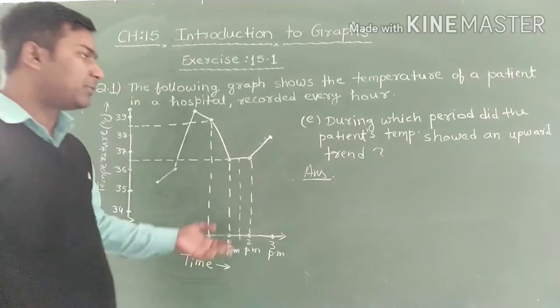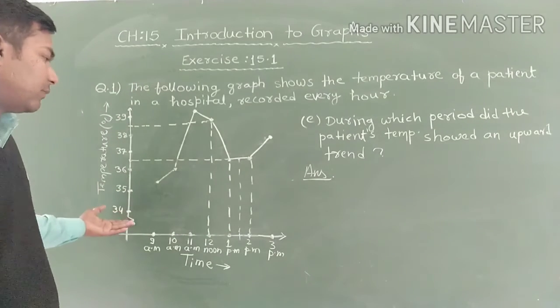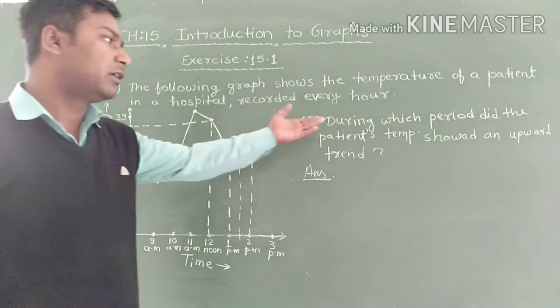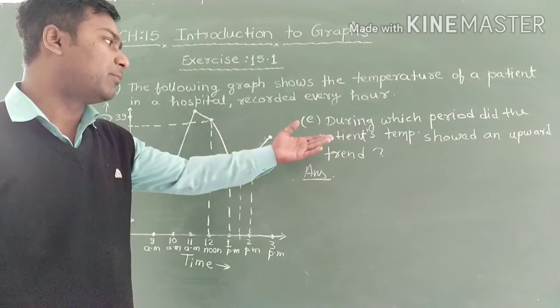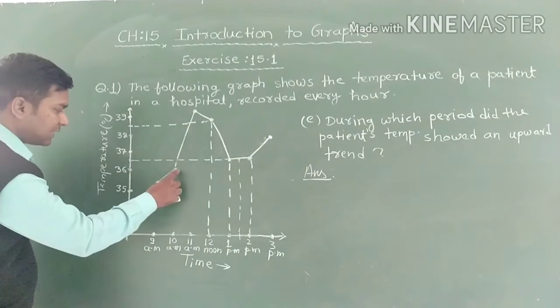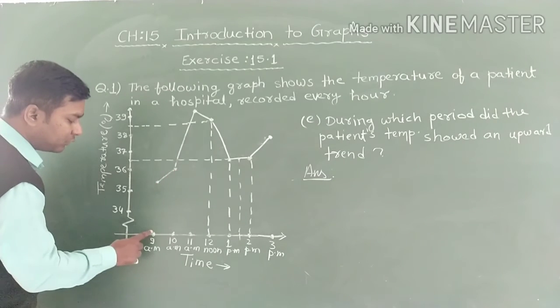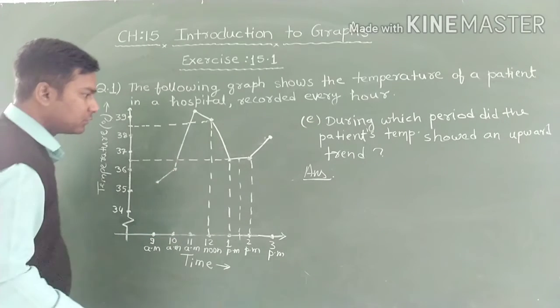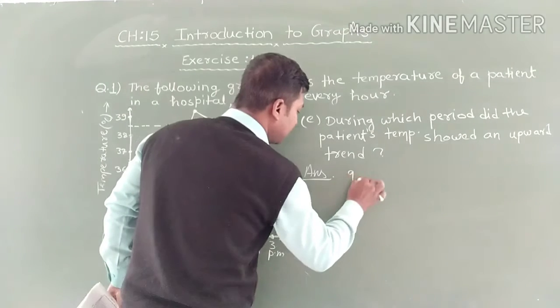So what we have to find is during which period the patient's temperature showed an upward trend. This line is an upward trend, so 9 a.m. to 10 a.m. is the first.